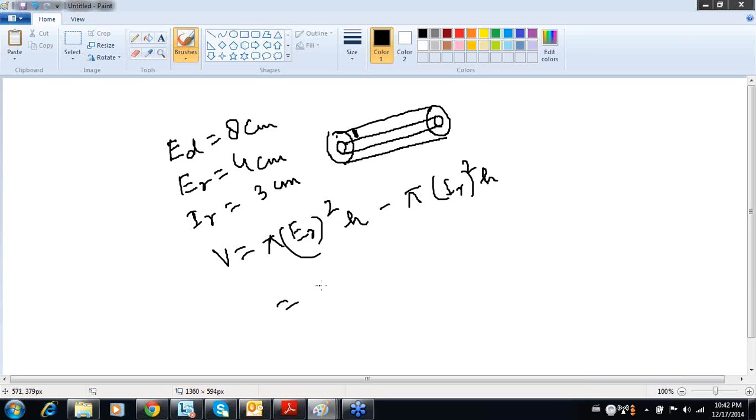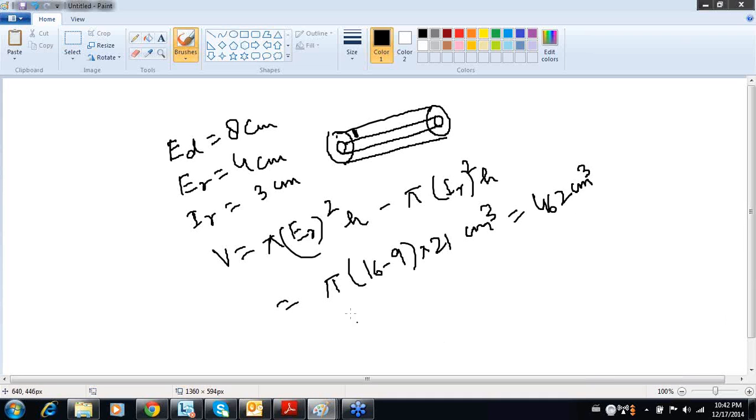It will be equal to pi into 4 square minus 3 square, 16 minus 9, into h, 21 centimeter cube, which will come out to be 22 into 21, that is 462 centimeter cube.